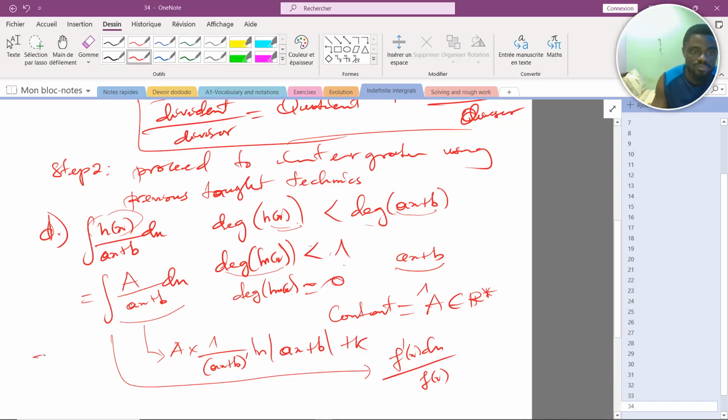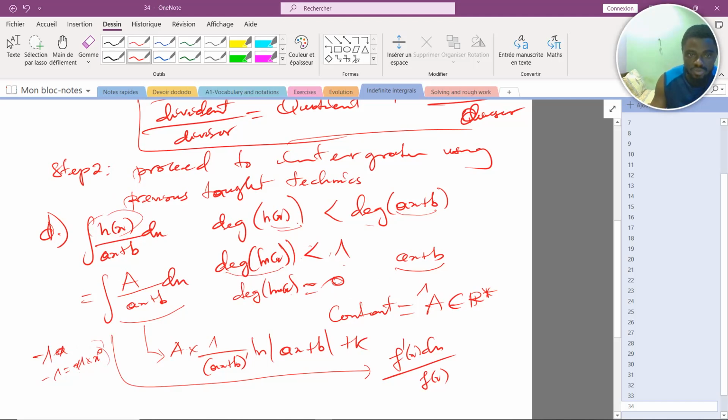Because even if it is minus 1, the degree of this minus 1 is the same as minus 1 times x to the 0. So it necessarily means that the degree of this polynomial must be 0.